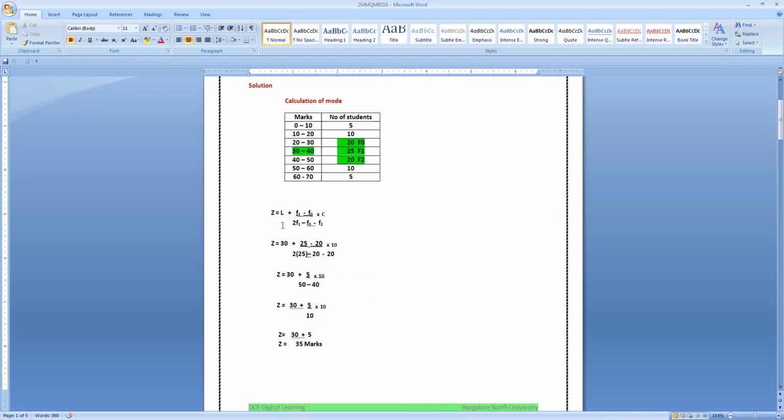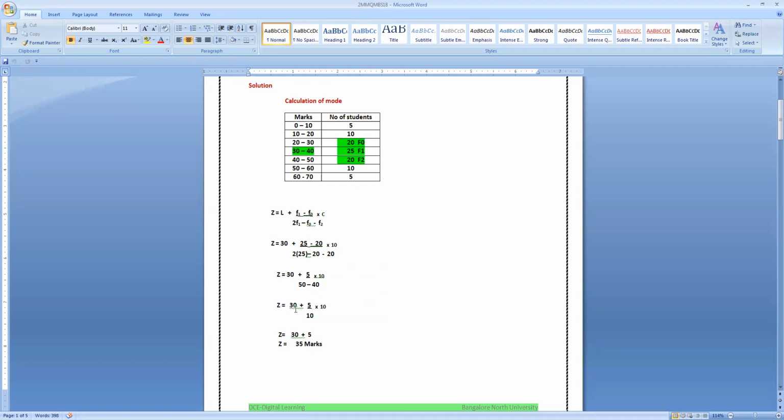Z equals the lower limit given in the question, 30, plus the highest frequency value 25 minus the preceding number 20, divided by 2 into 25 minus f0, which is 20, minus f2, which is also 20, into the width of the class interval, 10. So Z equals 30 plus 25 minus 20 is 5, divided by 50 minus 40, into 10.